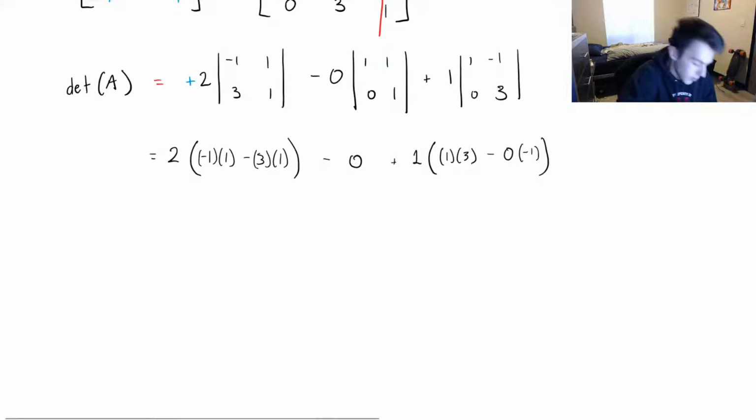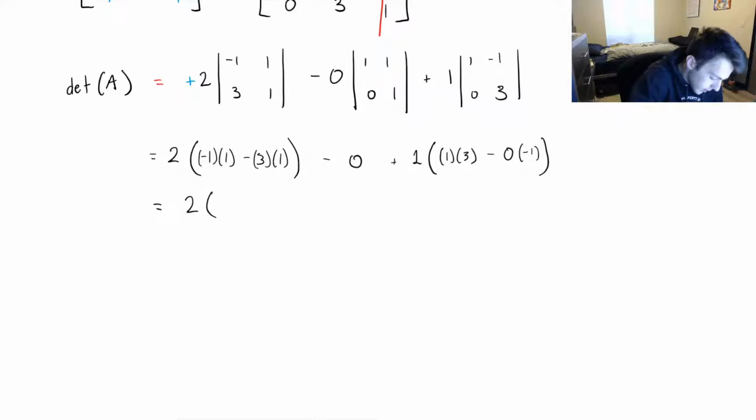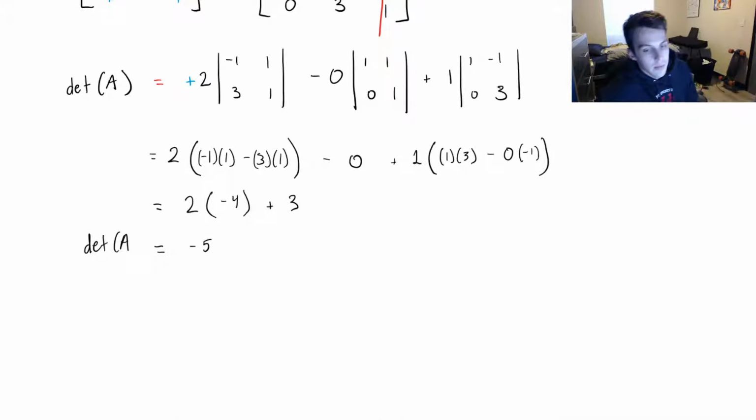So this will be 2 times, and then we've got -1 minus 3 is -4, minus 0, and then this plus, so this will be plus 3. So we've got -8 plus 3, so -5, which means our determinant of A is -5.